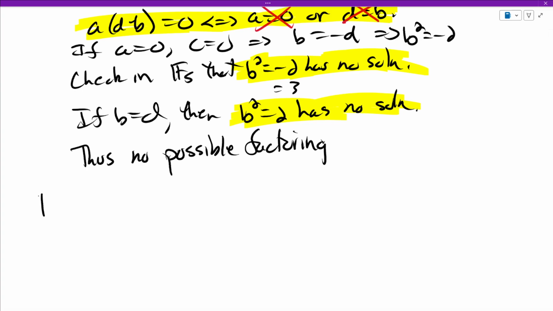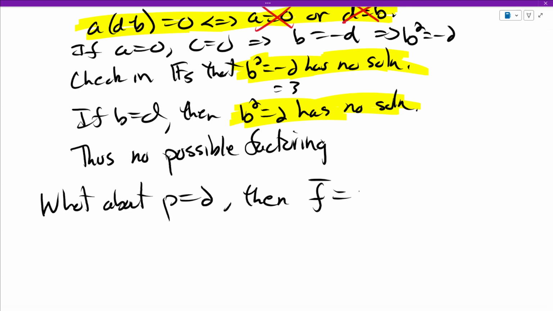Let me also note you could have picked a bad prime. You could have picked p is 2. And if you reduce f modulo 2, f bar becomes t to the 4th plus t cubed plus 1.